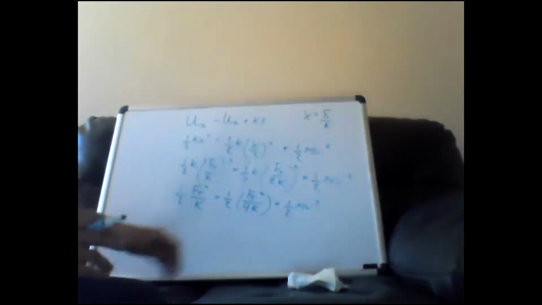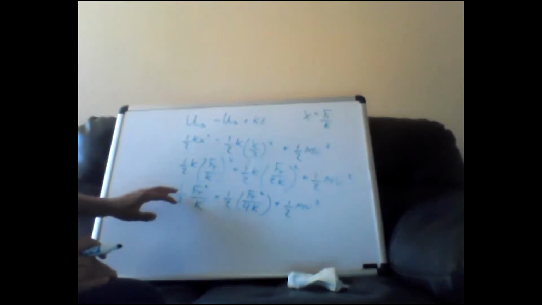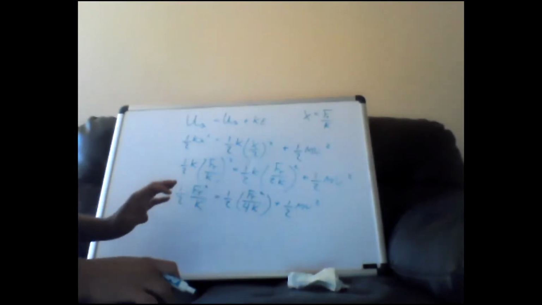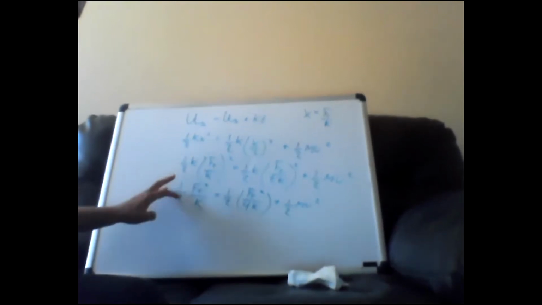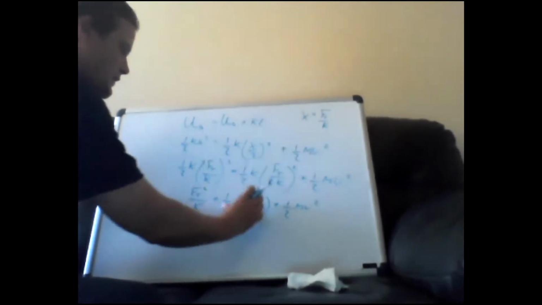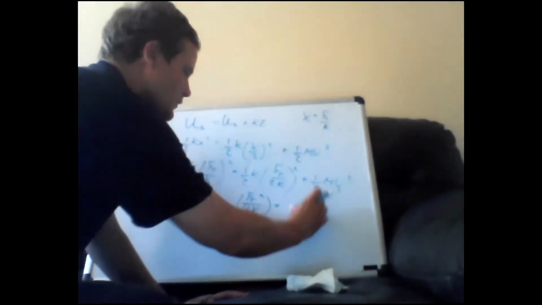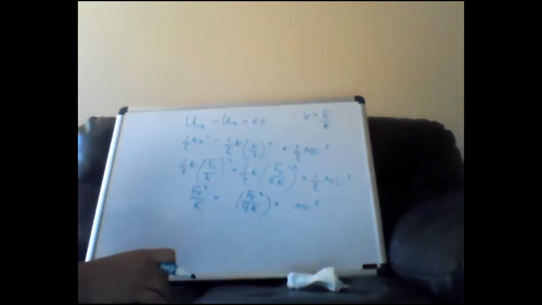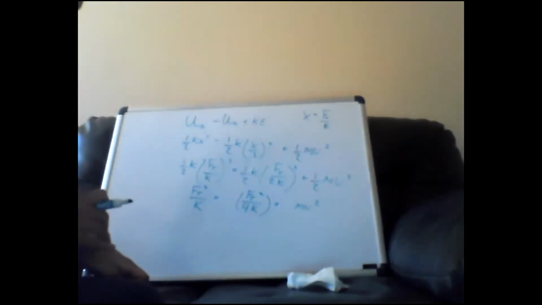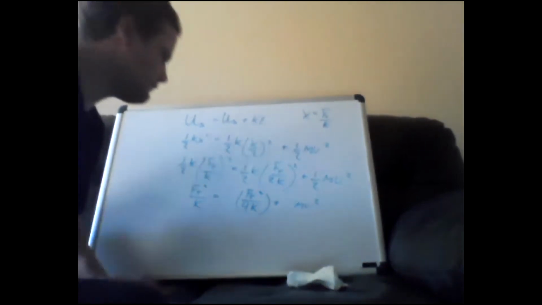Okay, from here, we can simplify everything down by a bit. So I'll write the final answer, but I'll just tell you what I would do. Well, the halves cancel because they're in every term in this equation. And so I would then bring this over to the other side and then just solve for the velocity.